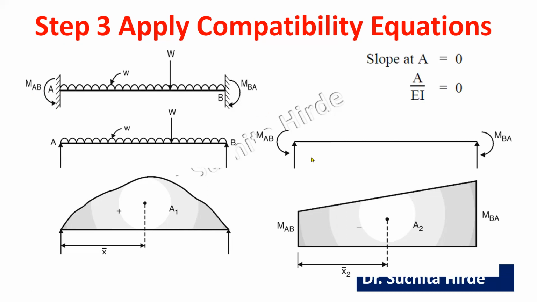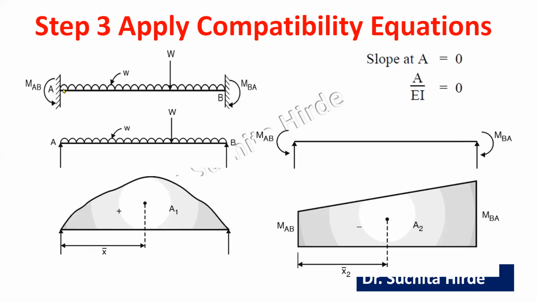First of all, we apply the condition slope at A is equal to 0. By the moment area method, we know that the difference in slope between 2 points is equal to the area of the bending moment diagram between those 2 points.